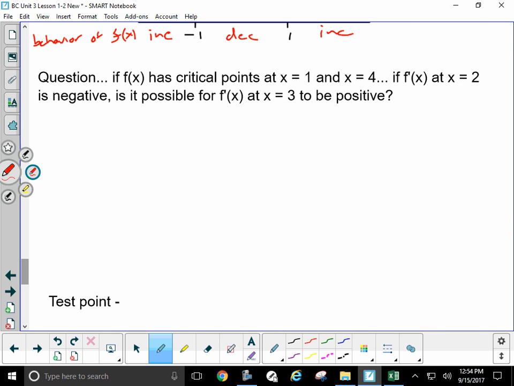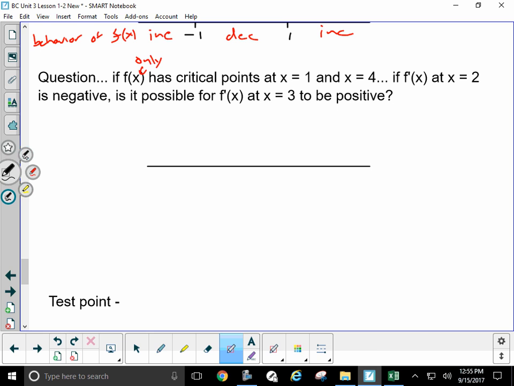Now, I have a question that I'd like you to discuss with your neighbors. If f of x only has critical points at 1 and 4, I'm just going to draw a number line to denote that. At 1 and 4, I have f prime values that are zeros.